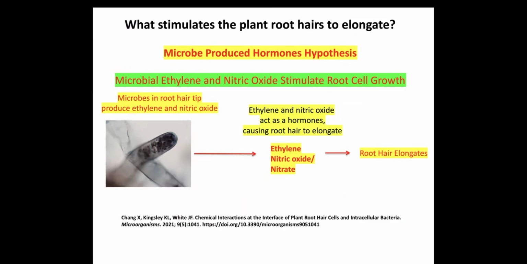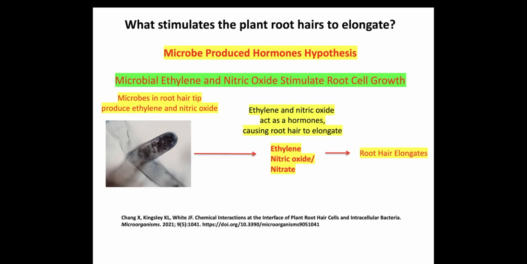The reason we think this is because we have histochemical stains that we use, and it's experimental. It's an experimental process. We need more work to show that these hormones are produced around these bacteria.